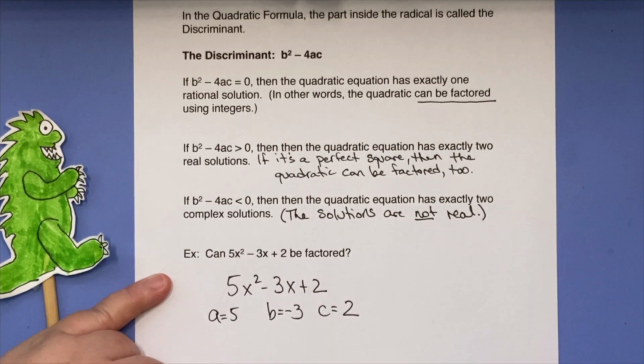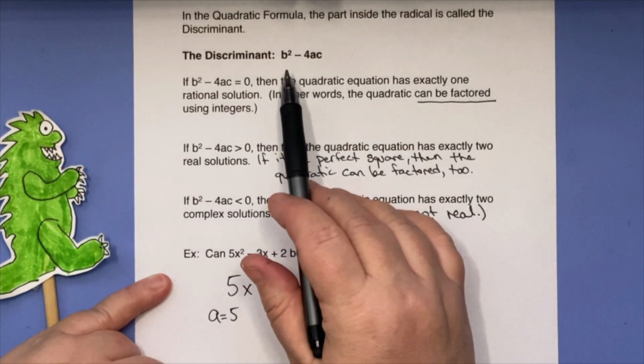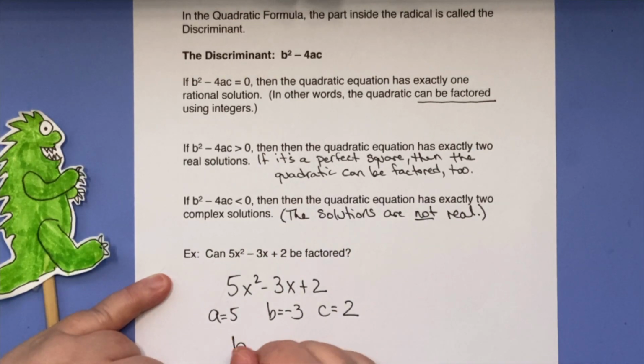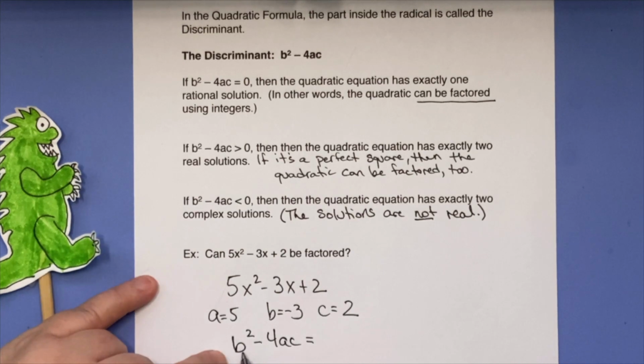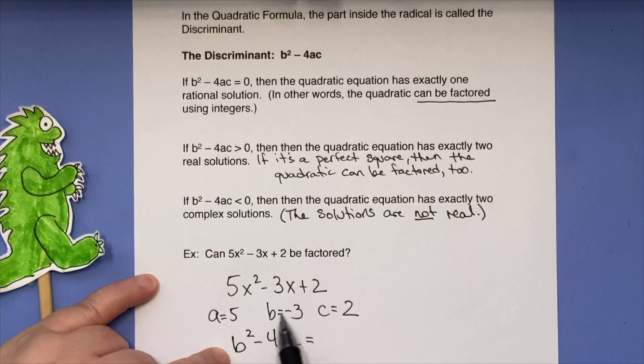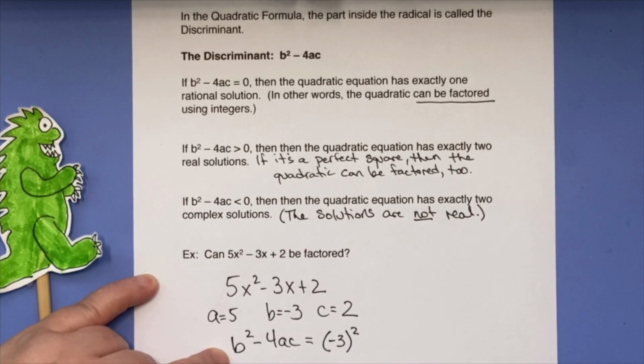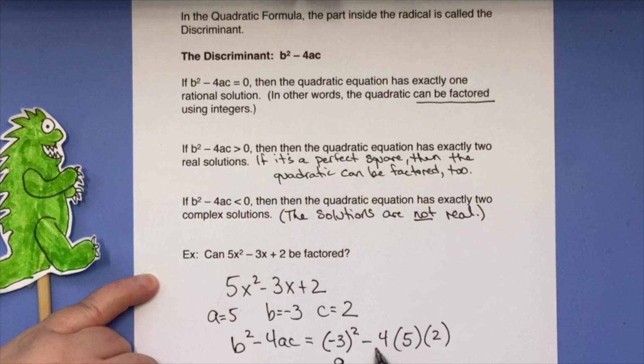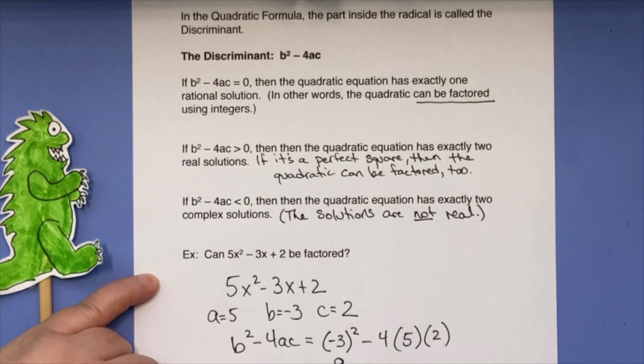Then if we put together the discriminant, b squared minus 4ac, now be careful with the b squared. B in this case is negative, so make sure you square the whole thing. B squared minus 4 times a, which is 5, times c, which is 2. So this is 9, and then that's going to be 40. So we get negative 31.